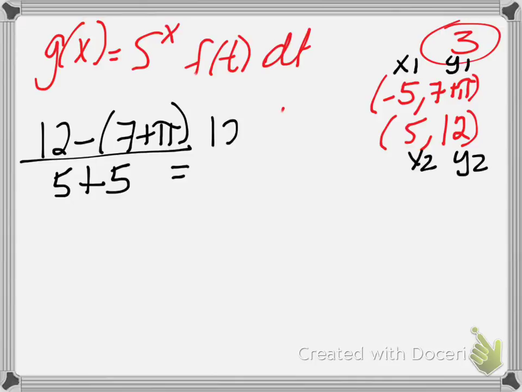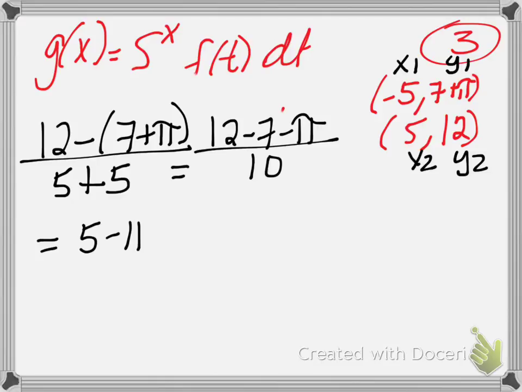So I'm going to distribute: 12 minus 7 minus pi over 10. 12 minus 7 is 3, so we get 3. Sorry, 12 minus 7 is not 3. 12 minus 7 is 5. 5 minus pi over 10.